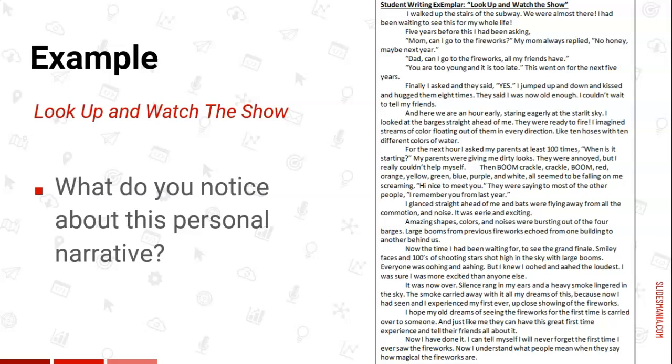Silence rang in my ears, and a heavy smoke lingered in the sky. The smoke carried away with it all my dreams of this, because now I had seen and experienced my first ever up-close showing of the fireworks. I hope my old dreams of seeing the fireworks for the first time is carried over to someone, and just like me, they can have this great first-time experience and tell their friends all about it. Now I've done it. I can tell myself I will never forget the first time I ever saw fireworks. Now I understand what people mean when they say how magical the fireworks are.